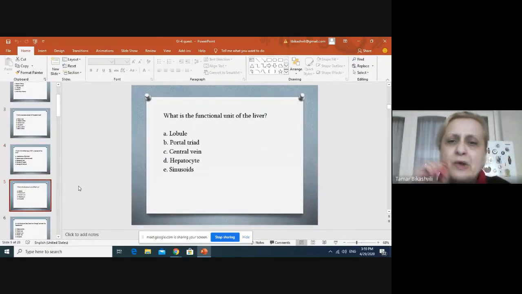The next, what is the functional unit of the liver? Lobule, portal triad, central vein, hepatocyte, or sinusoids?